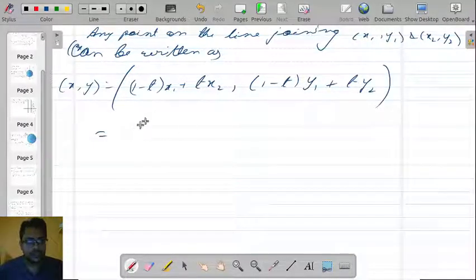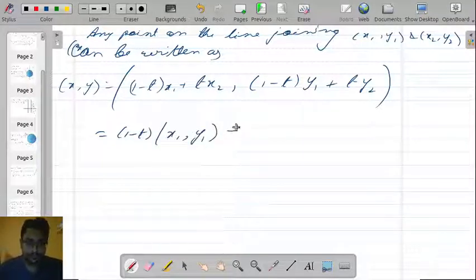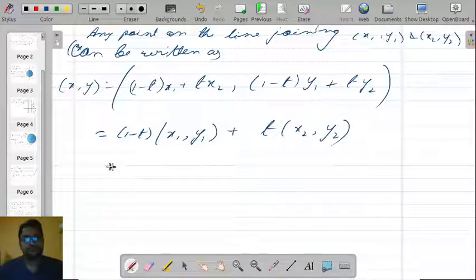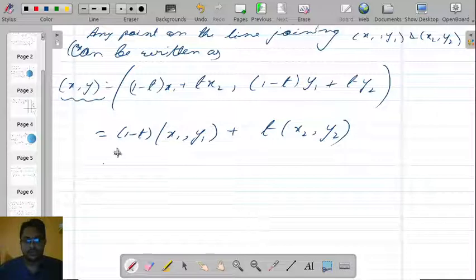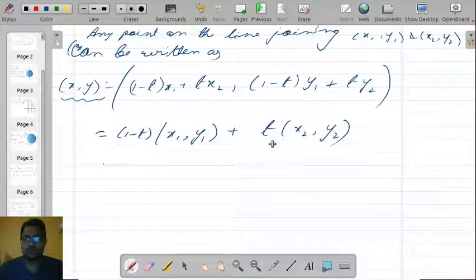If I use the property of scalar multiplication and vector addition, I can write it as (1 minus t) into (x1, y1) plus t into (x2, y2). So any point (x, y) on the line joining these 2 points can be written as (1 minus t) into (x1, y1) plus t into (x2, y2), where t belongs to the real numbers, right?